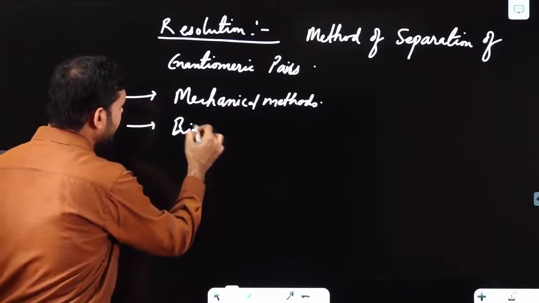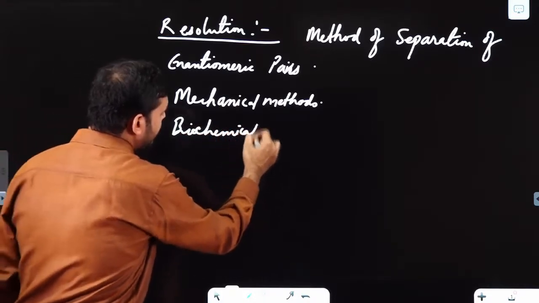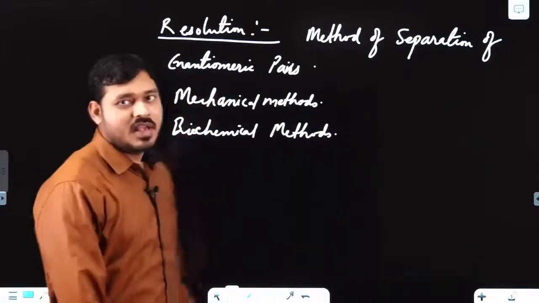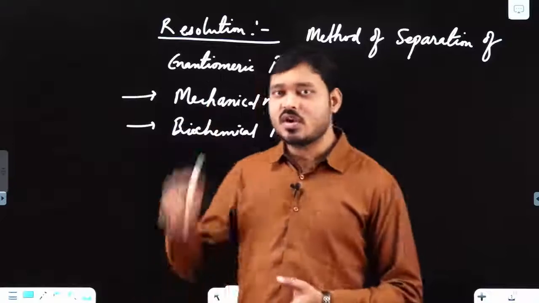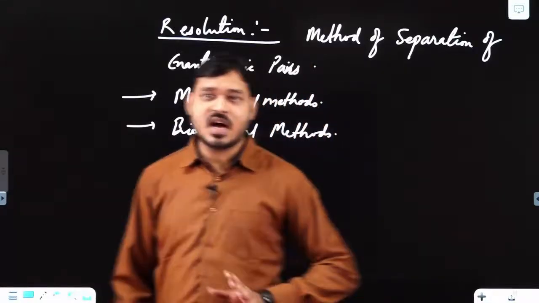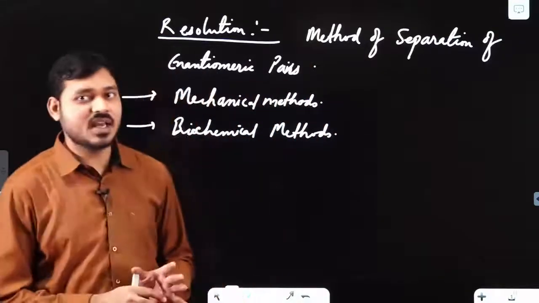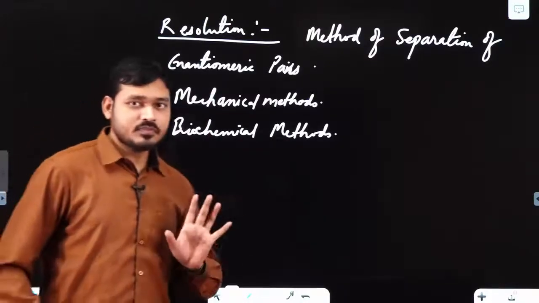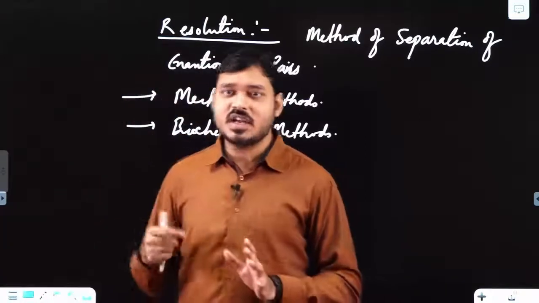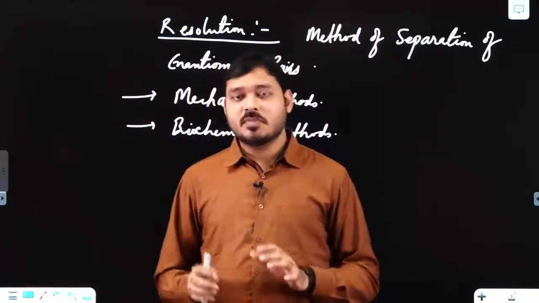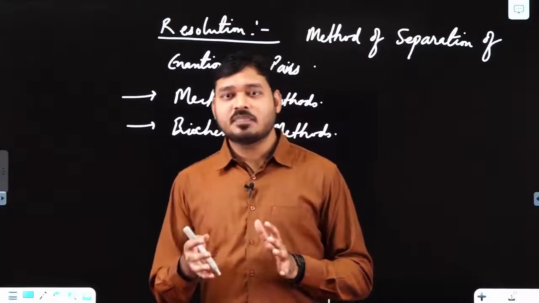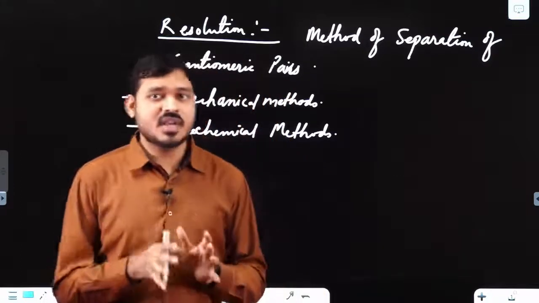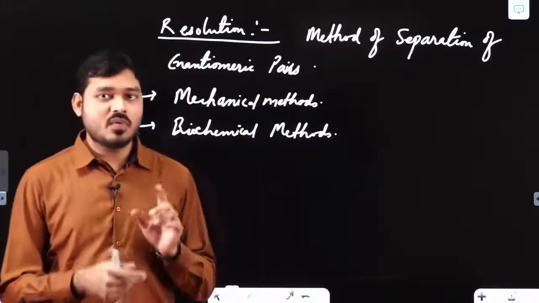One more method is biochemical methods. Now what is a biochemical method? As I have already told you, these organic compounds which we are dealing with here are an important class of drugs as well as important parts of fertilizers. Suppose we use any biochemical enzyme or any bacteria or any such organism which can destroy one part.